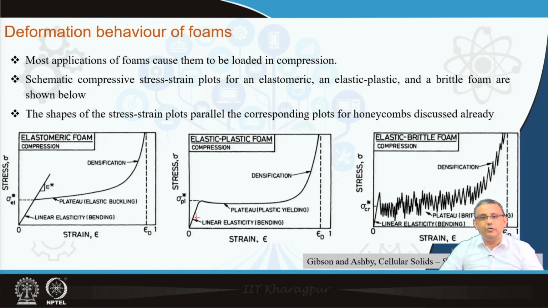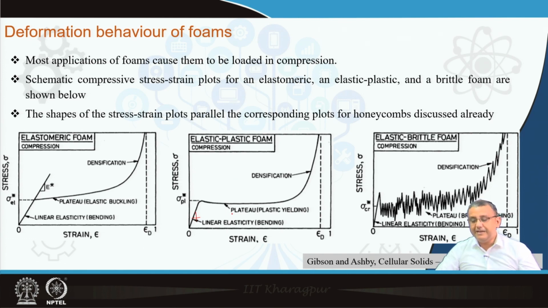But you will learn afterward that the E modulus of the slope which we obtain from this stress strain behavior is much lower than the actual E modulus of the metallic foam, and there are different reasons for that, we will learn afterward. And then after we reach the plateau stress, we have a very long plateau. In this case we have the plastic yielding of the material, as you can see over here, and then again after some amount of deformation we have the densification region.